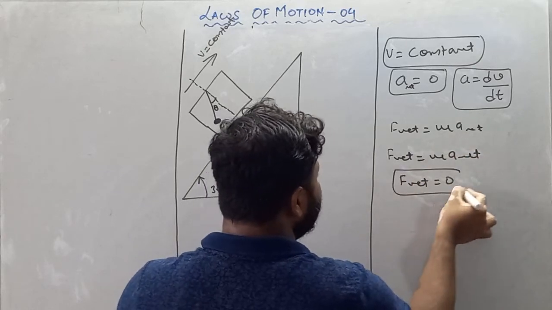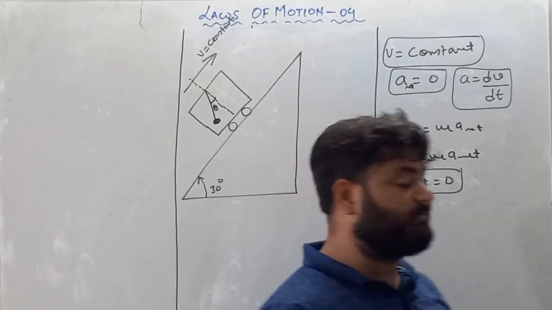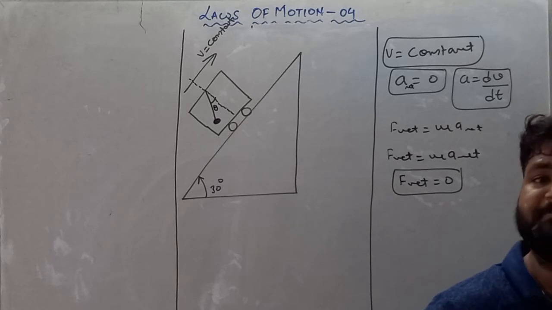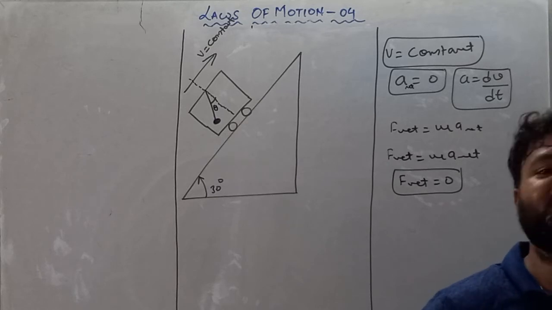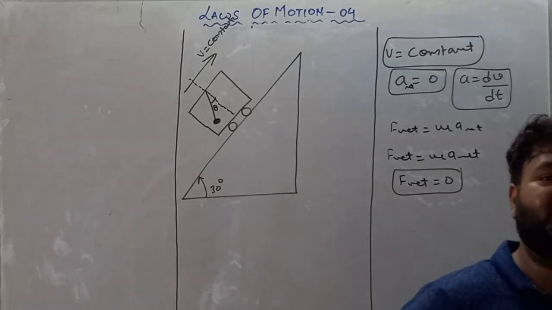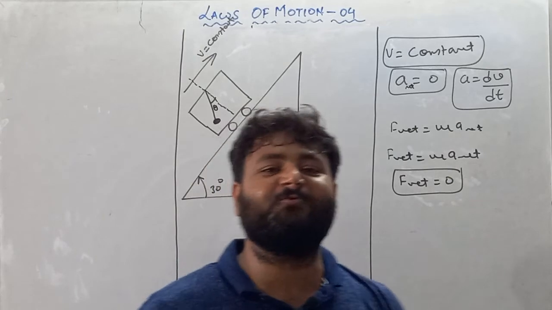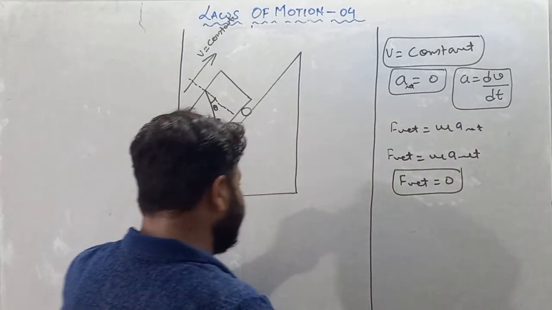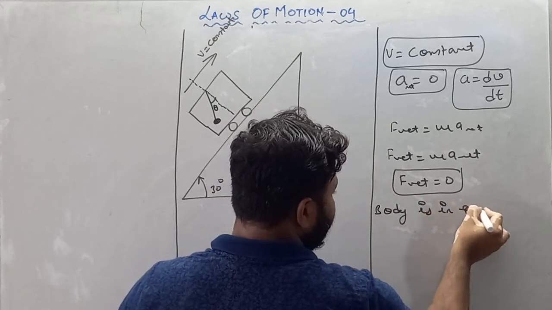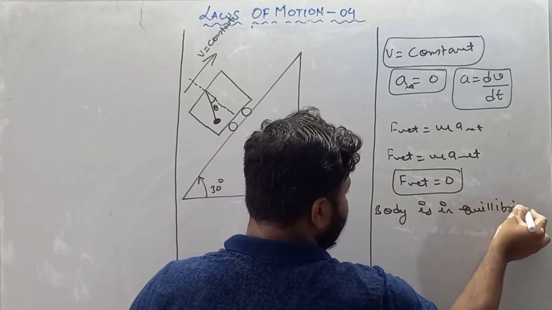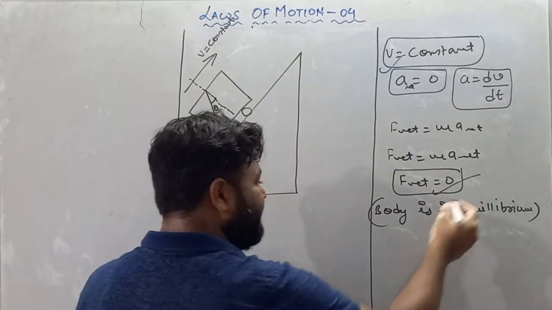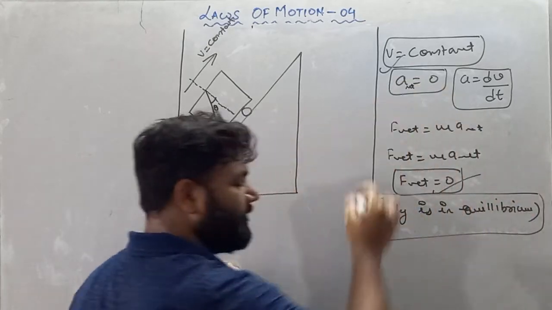And I already told you, my dear student, F net is equal to 0 never means that no force is acting on object or particle. Force is acting on the object, but this is the condition of equilibrium. That is, net force is equal to 0 means body is in equilibrium. So remember, if velocity is constant, it means net force is 0, and if net force is 0, then we will say body is in equilibrium.